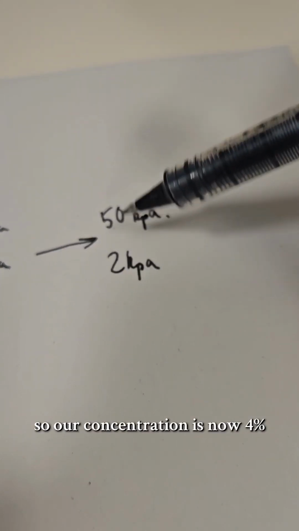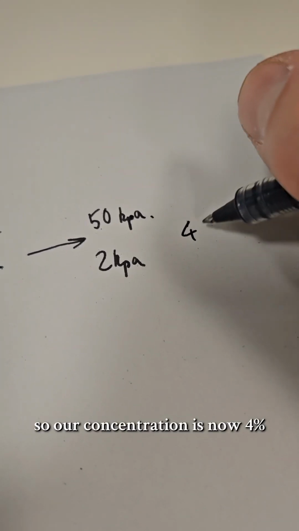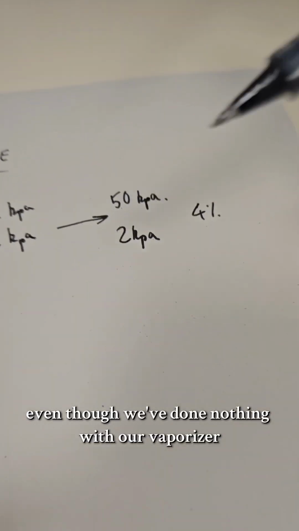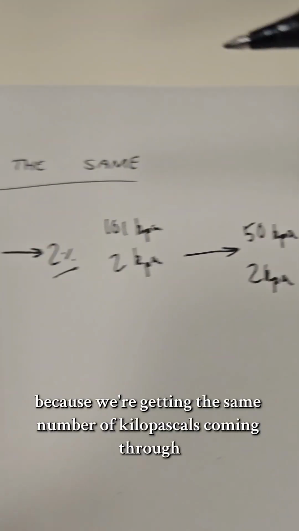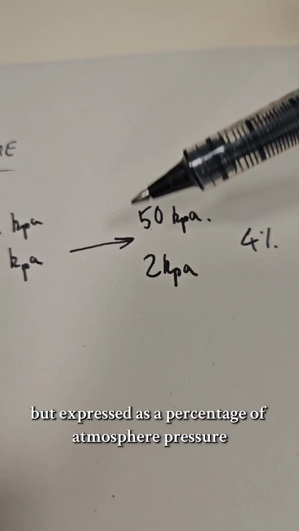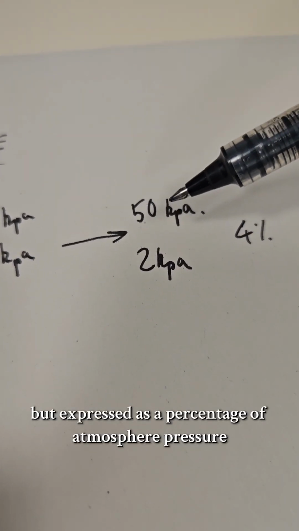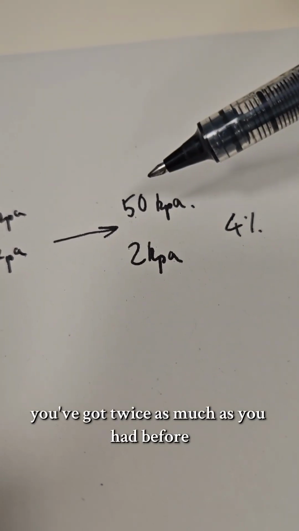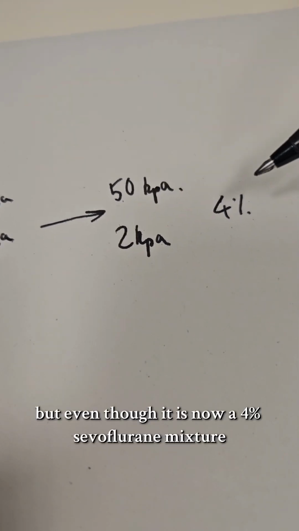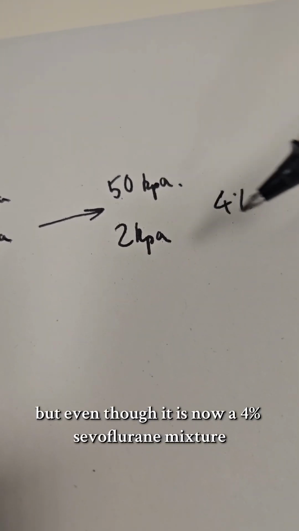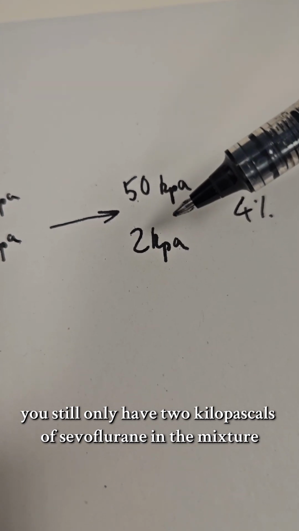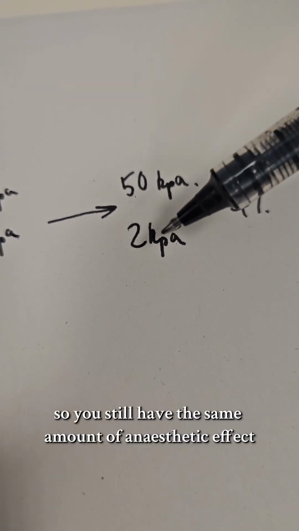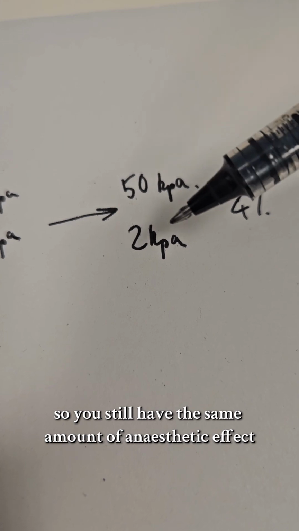So our concentration is now 4%, even though we've done nothing with our vaporizer, because we're getting the same number of kilopascals coming through, but expressed as a percentage of atmospheric pressure, you've got twice as much as you had before. But even though it is now a 4% sevoflurane mixture, you still only have 2 kilopascals of sevoflurane in the mixture. So you still have the same amount of anesthetic effect.